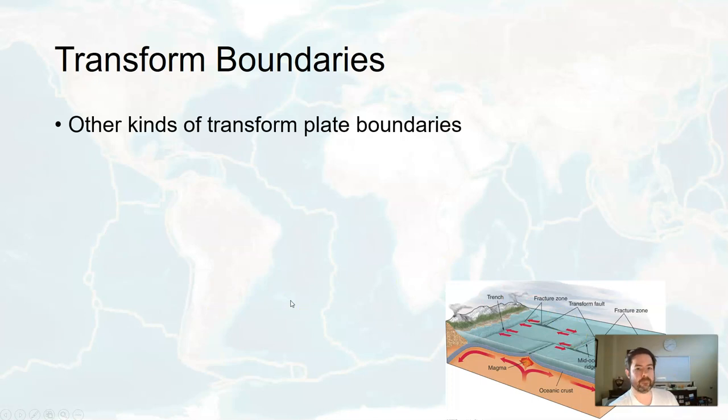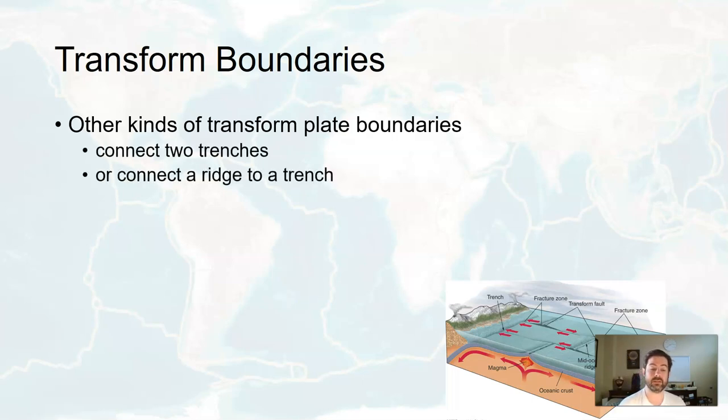There are yet other kinds of transform plate boundaries that connect to oceanic trenches or connect a ridge to a trench, but in any case, there's always this side-by-side movement.